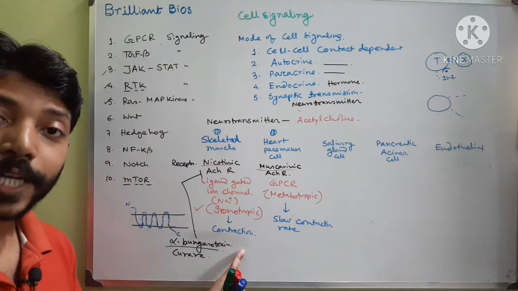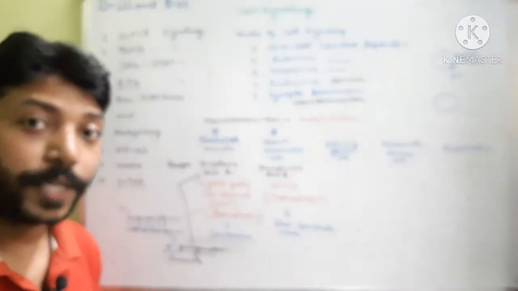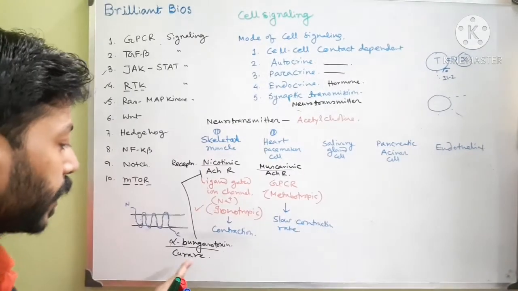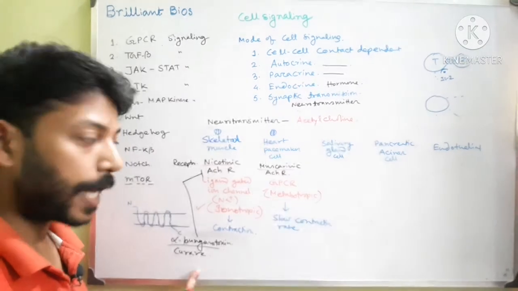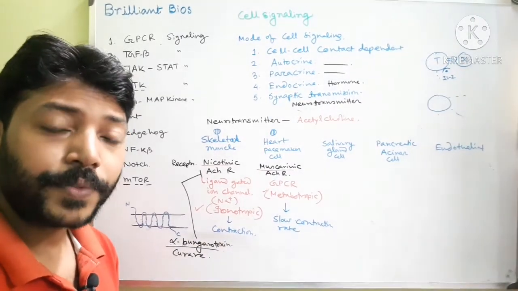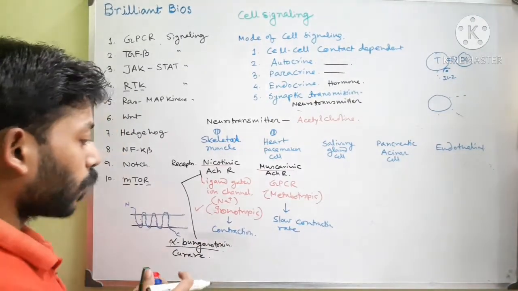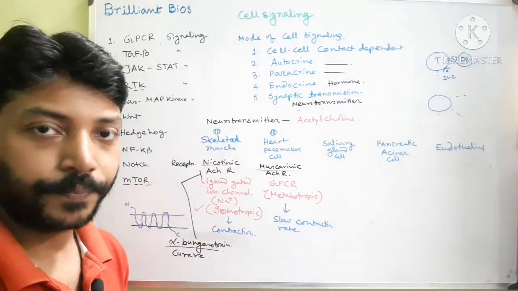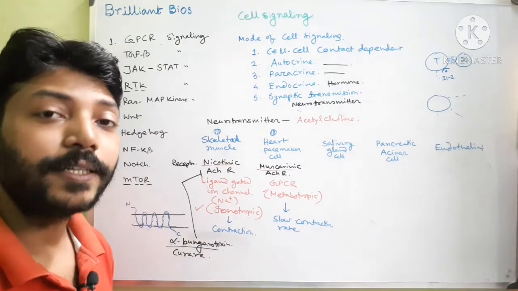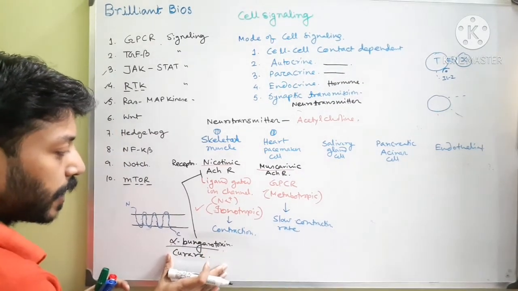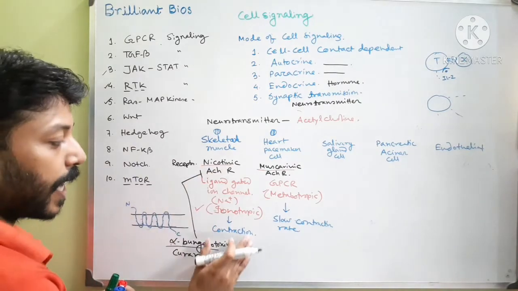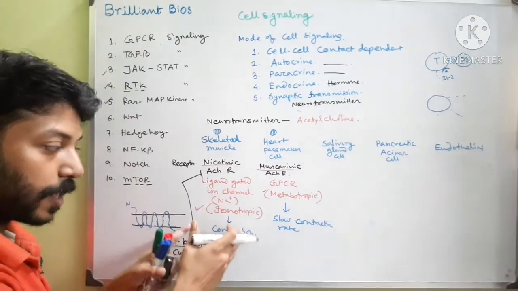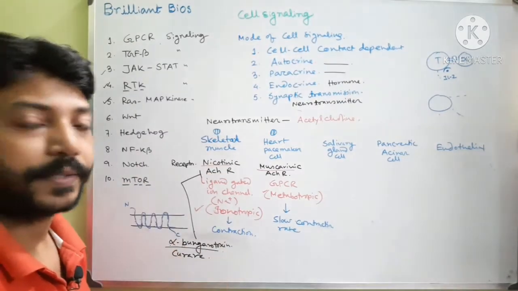The contraction does not occur in the diaphragm, and when there is no contraction, the patient cannot take a breath. So alpha bungarotoxin and curare paralyze the diaphragm muscles. Not only the diaphragm but also the skeletal muscles get paralyzed. So the patient cannot take a breath. Alpha bungarotoxin and curare inhibit this receptor and kill the victim by paralyzing, because the receptor helps in the contraction. When it is inhibited, it paralyzes.